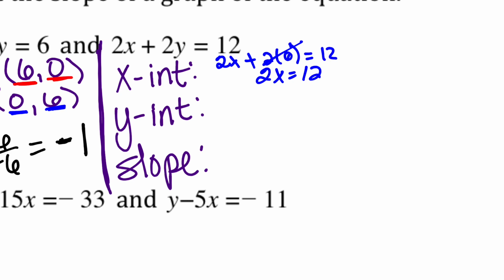What do I do to solve for x? Divide by 2. So x equals 6. Okay, so what's my final coordinate for the x-intercept? (6, 0). Okay. What do I do for my y-intercept? What do I plug in?